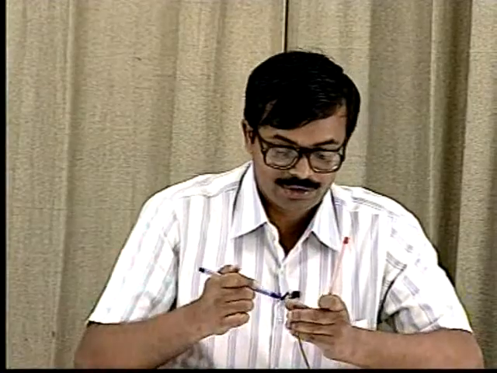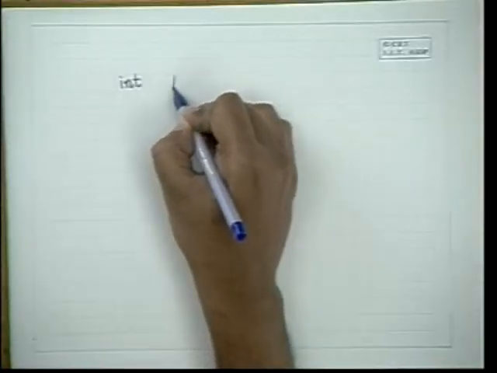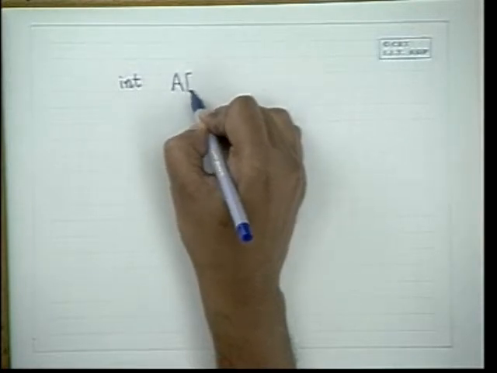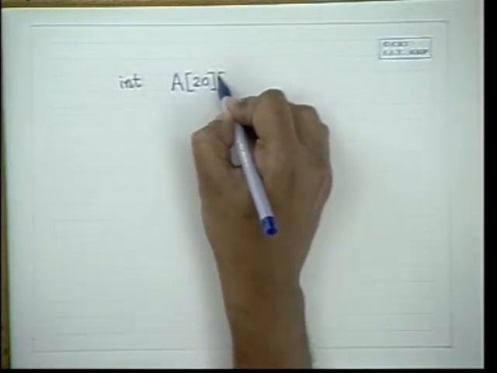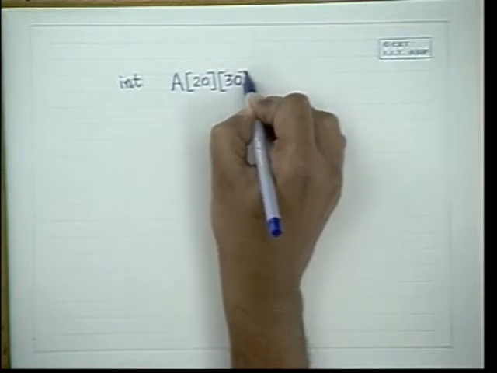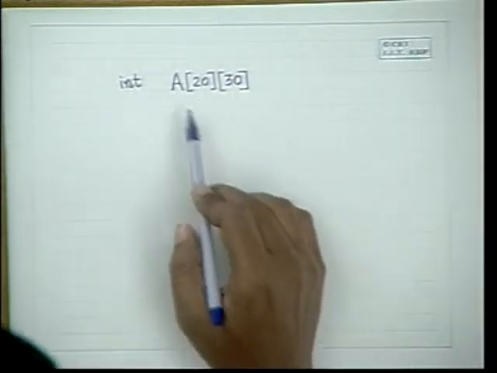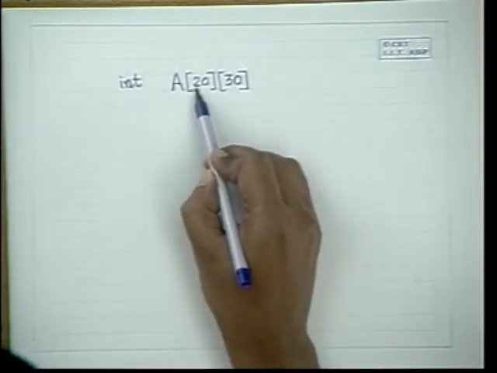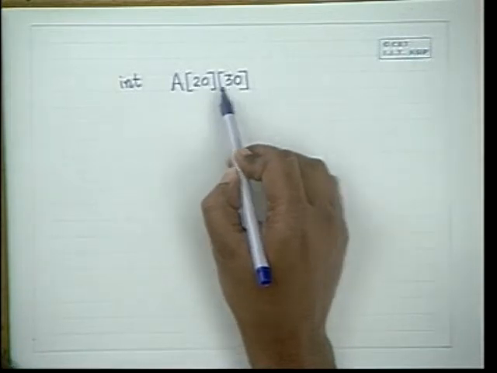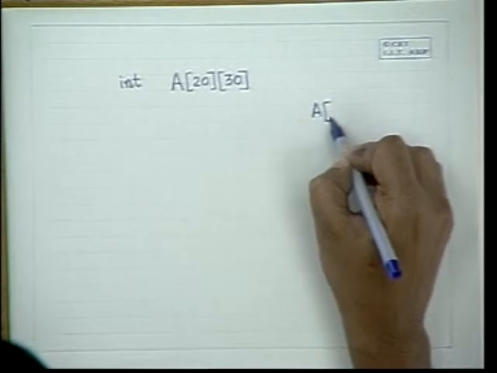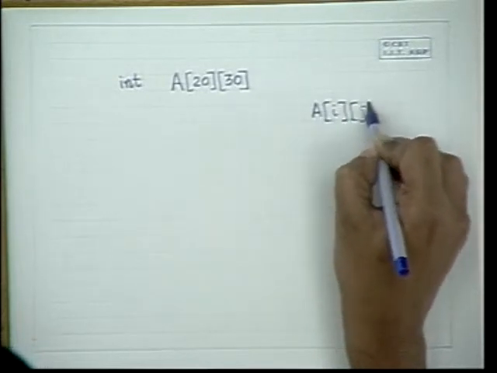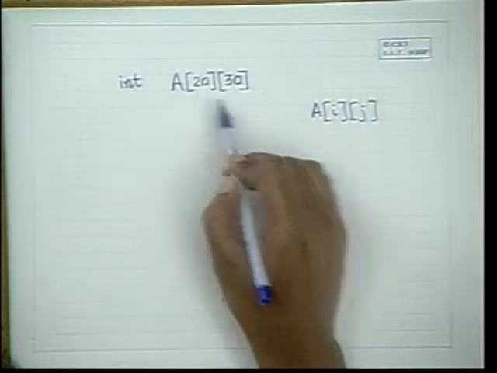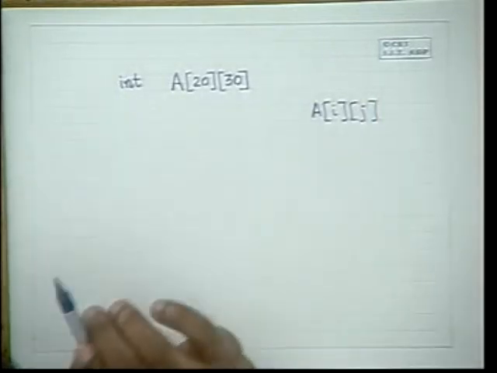Second point, let us come to a two-dimensional array. A two-dimensional array, say written like this, means that the content of any A[i][j], i between 0 and 19 and j between 0 and 21, is an integer.